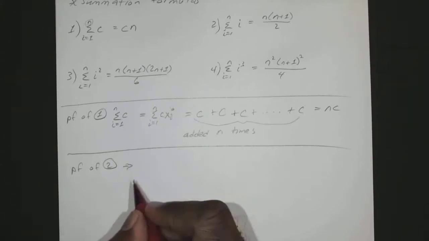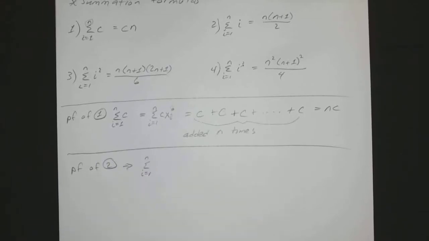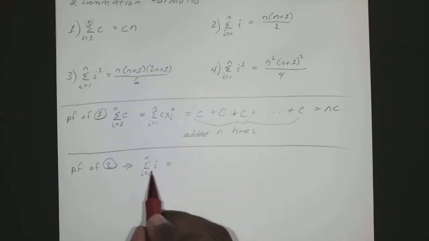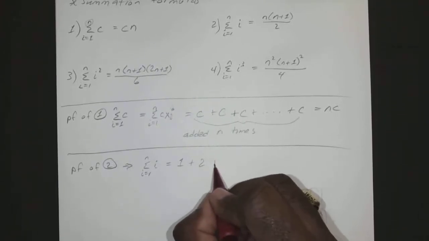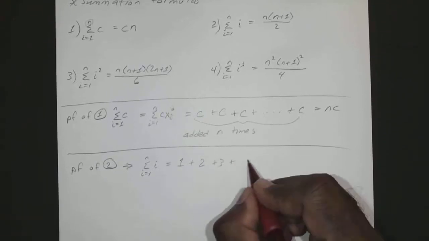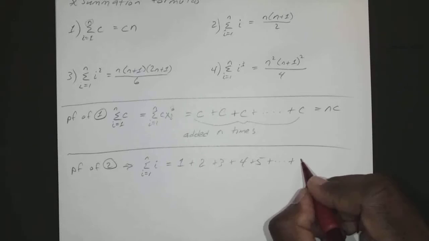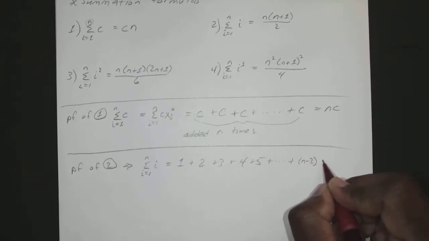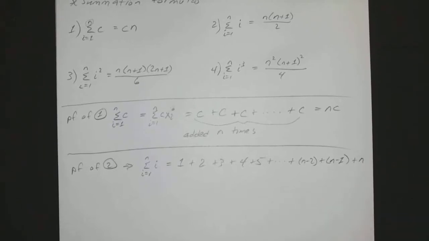So for the proof of number 2, okay, let's say if we have the sum from i equals 1 to some n of i. If you plug in 1, you're going to get 1. If you plug in 2, you're going to get 2. 3, if you plug in 4, you get 4. 5, all the way to some n minus 2, n minus 1, all the way to some n.